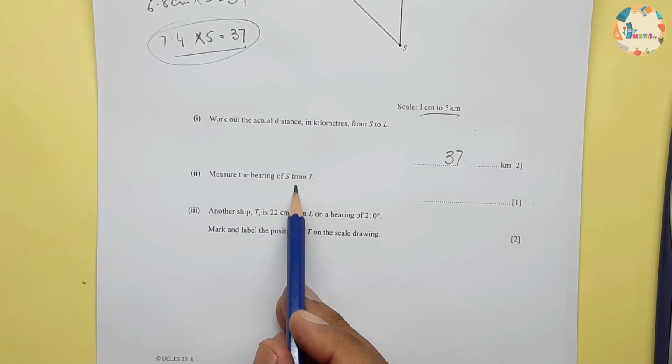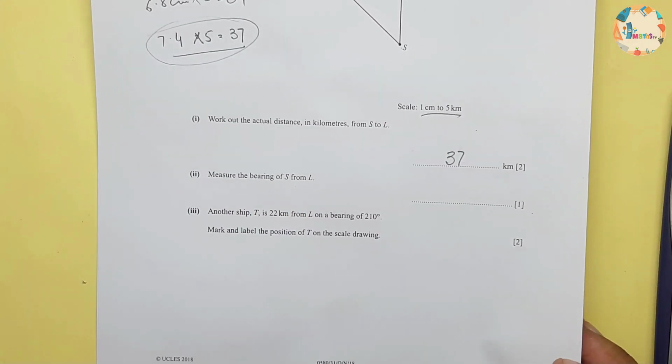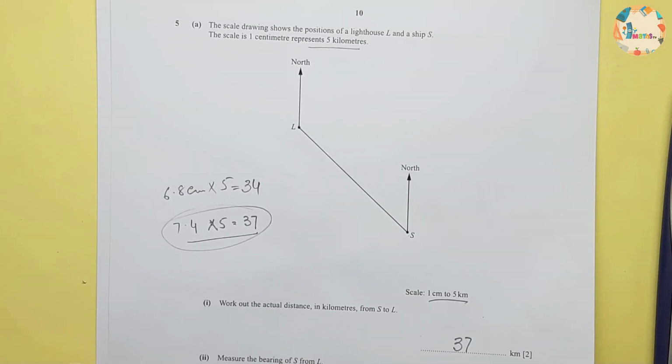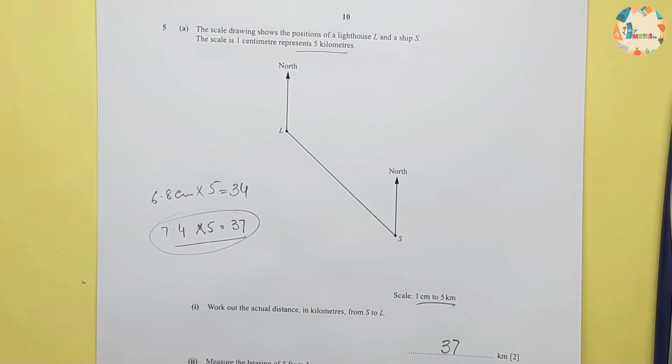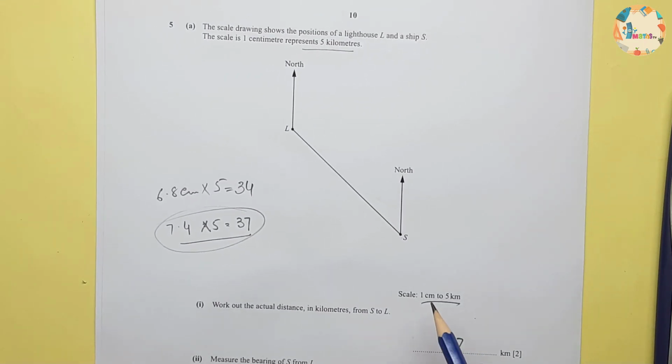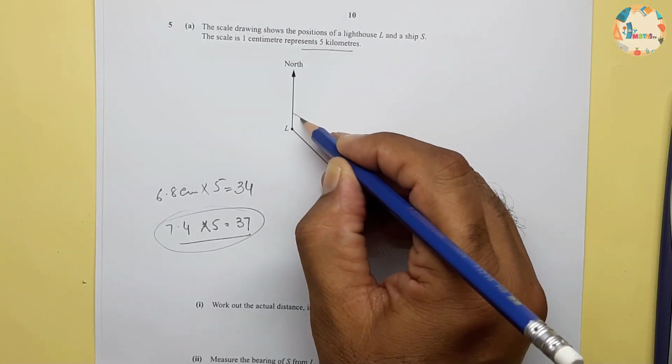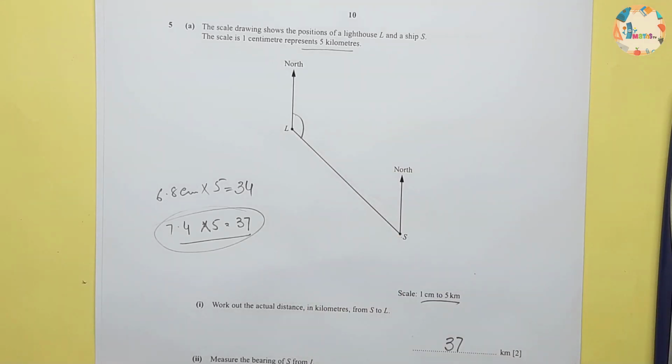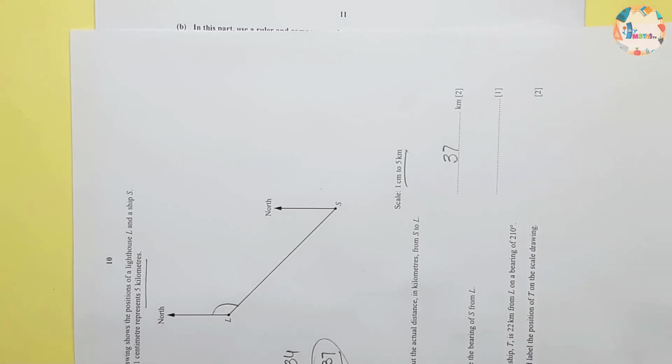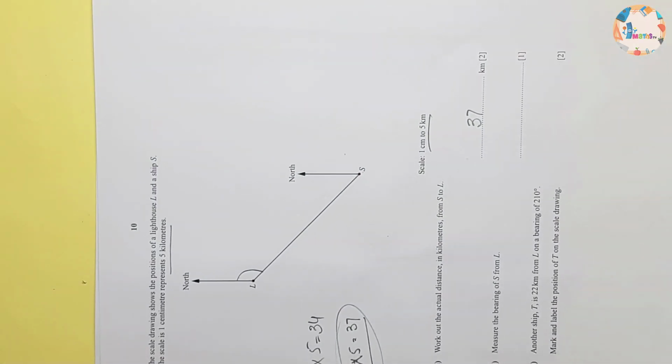Measure the bearing of S from L. So bearing of S from L. So that will be this angle which we have to measure. So we can use protractor to measure this.